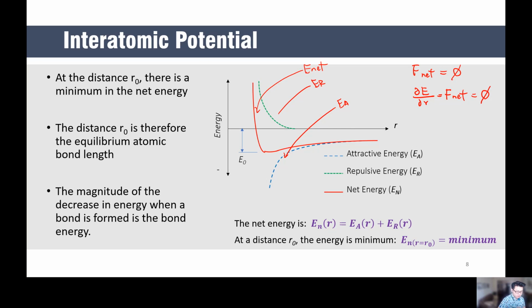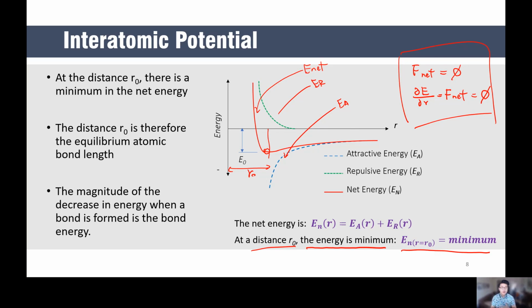So these two arguments are the same thing. And what this statement is referring to is this magical point where the energy is at the minimum. This is R naught, the same R naught that we saw from the previous curve. So at R naught, the energy is at the minimum.